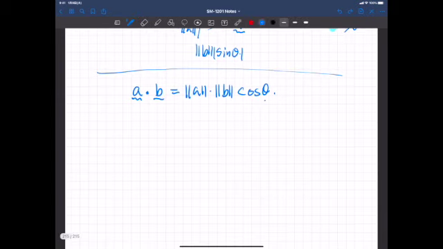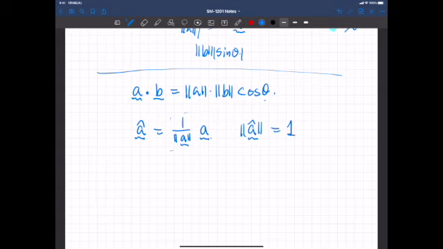Now next we define a unit vector a hat by this. So we multiply vector a by the inverse of a modulus. This is a unit vector. That means a hat has length of 1, and you should be able to see this from this definition.